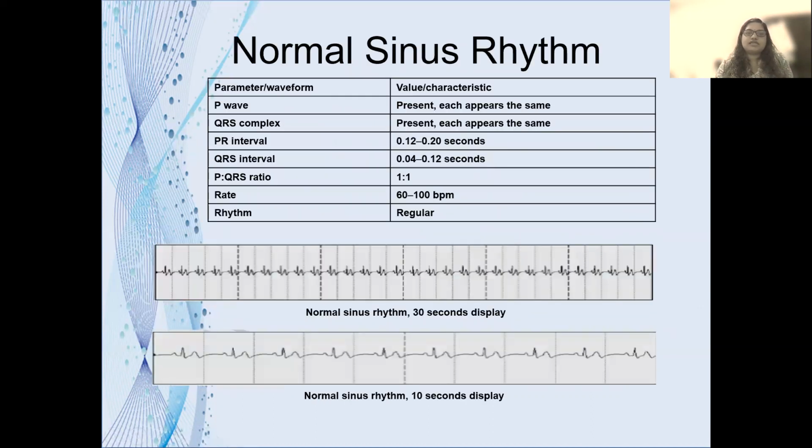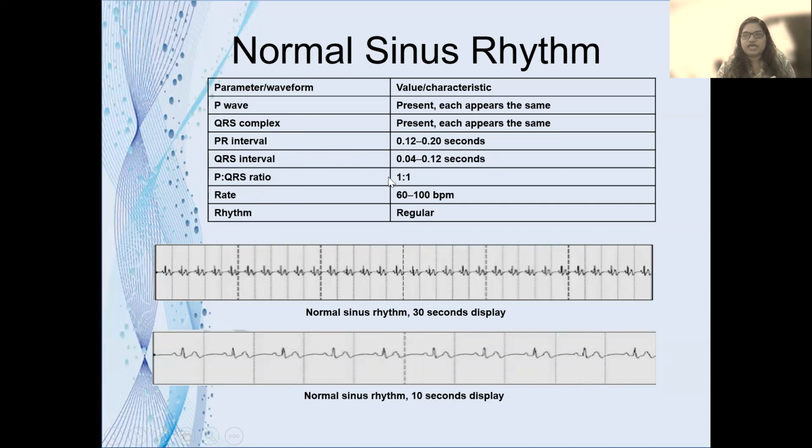So what is a normal sinus rhythm, which is called the normal ECG? The normal ECG is termed normal sinus rhythm because it originates from the SA node, the sinus node. The P wave will be present, the QRS complex will be present, the PR interval would be 0.12 to 0.20 seconds, which is normal, and the QRS interval would be 0.04 to 0.12 seconds.